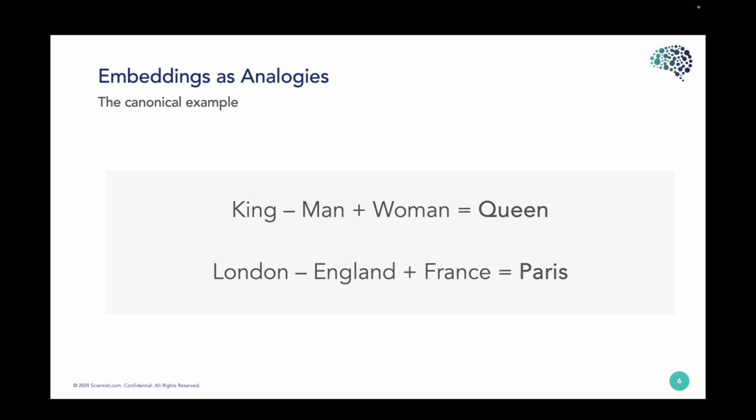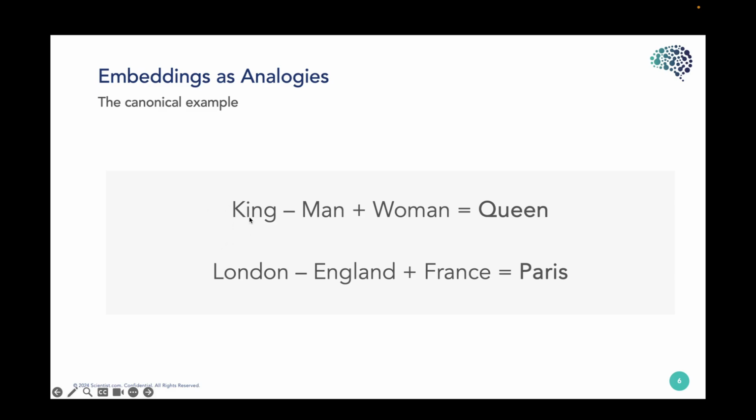So if you think back to your SATs and you had those analogy questions, right? Man is to king as woman is to blank, or England is to London as France is to blank. We can now formally define those using vector math. So if you were to say man is to king as woman is to blank, you can turn that into an actual equation using vector math.